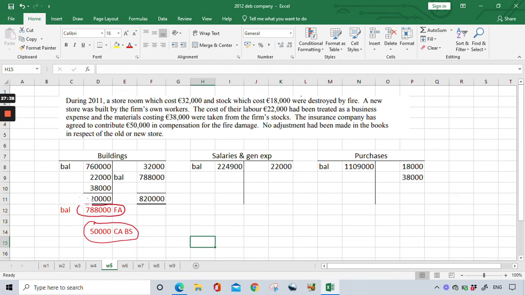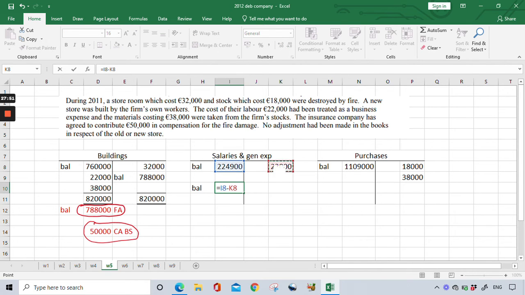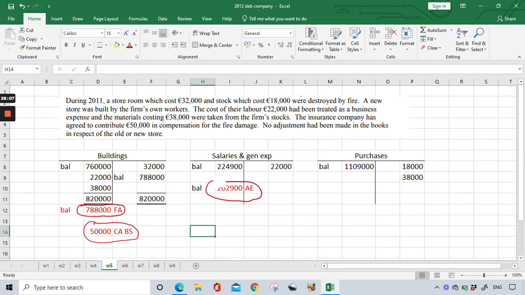Our salaries and general expenses, that's going to be that minus that, and that's going to be an admin expense. Okay, so I'll circle that. And our new purchases figure, I'm going to balance this properly, so I'm going to add up both sides.